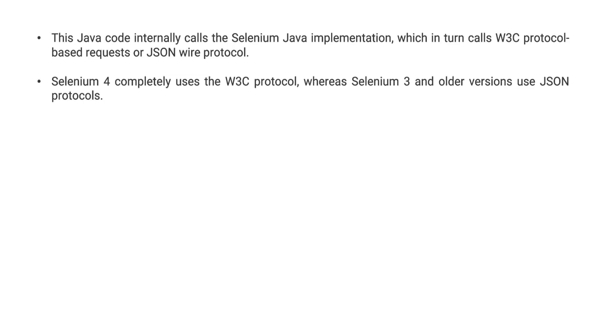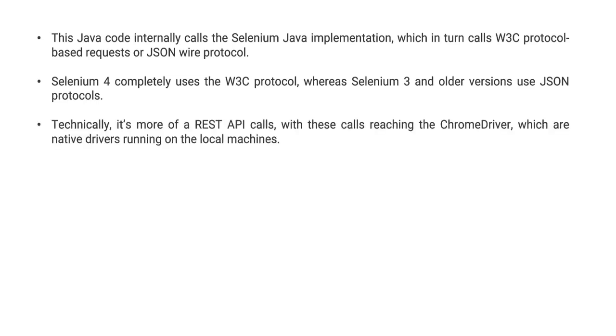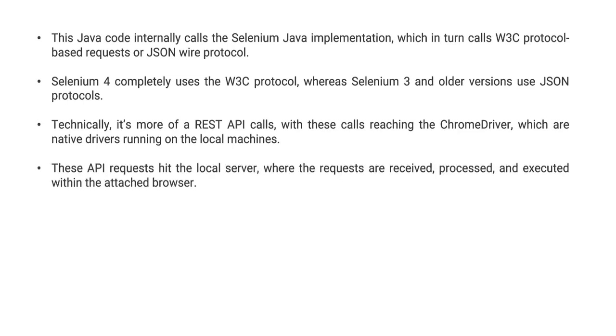But the way of communication has changed with respect to the Selenium 4 W3C protocol. Technically speaking, the REST API calls are what changed. With this, how it communicates with the ChromeDriver or the respective drivers, that is changed.